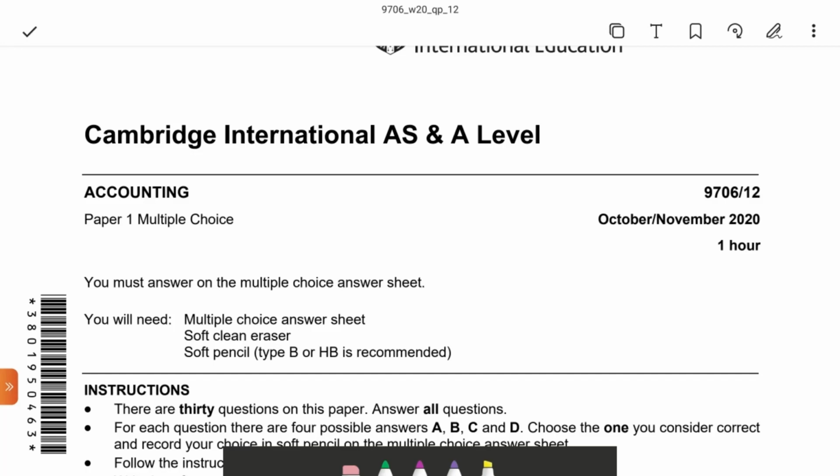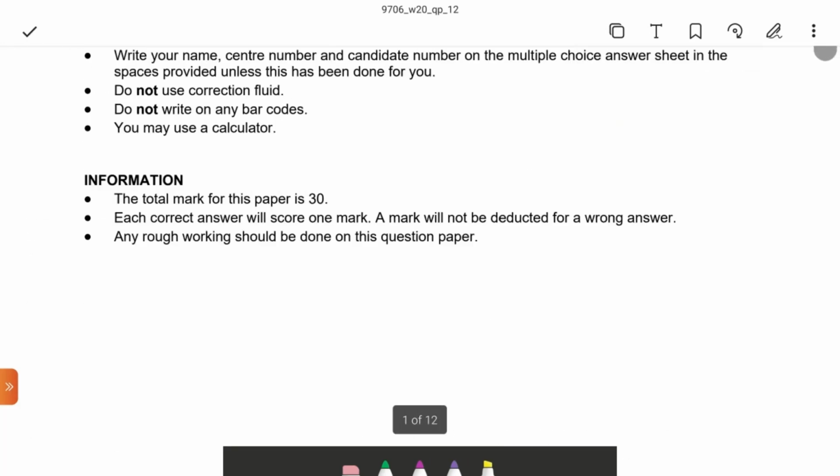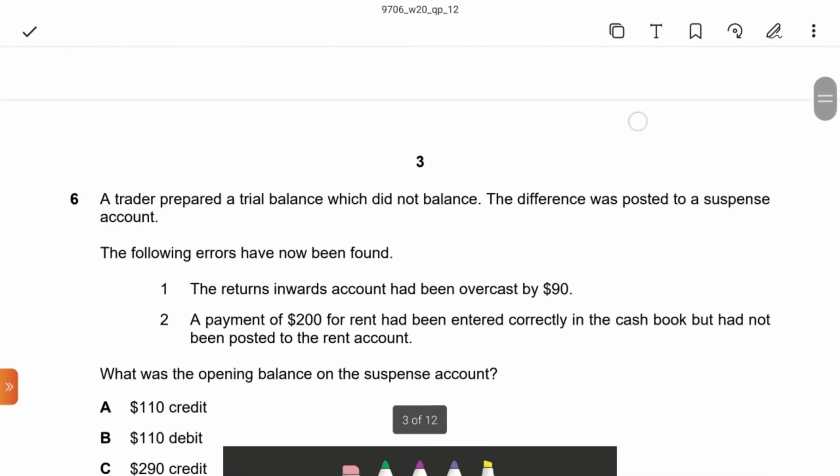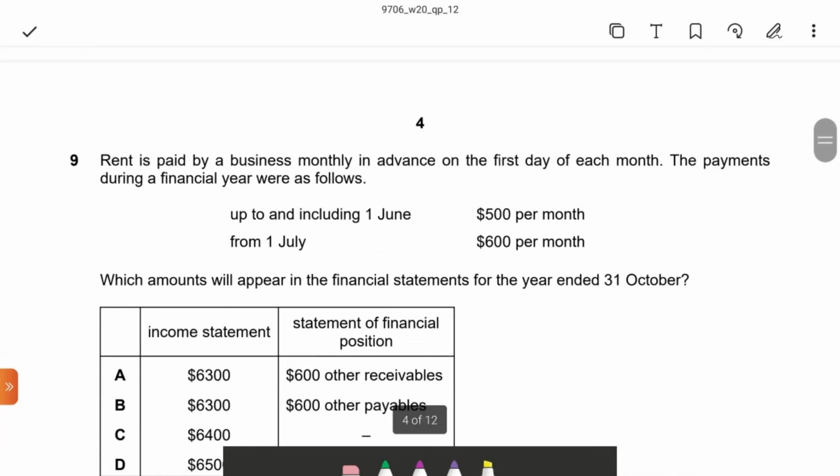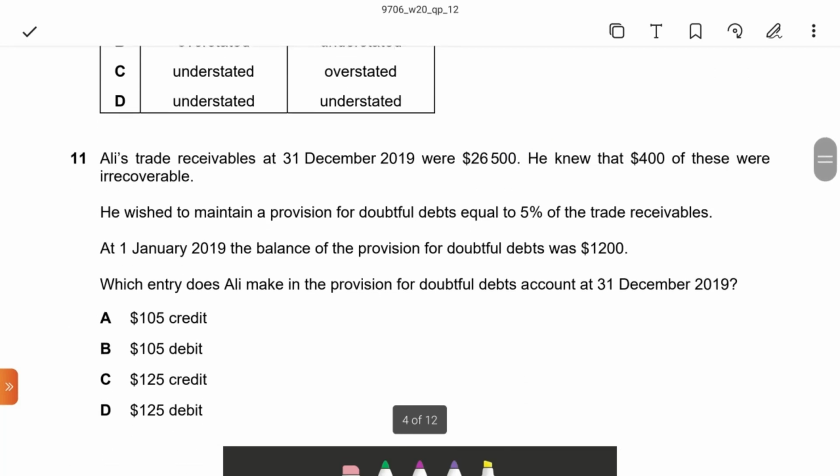AS level, winter 2020, paper 12, question number 11. Adil's trade receivables at 31st December 2019 were 26,500. He knew that $400 were irrecoverable, that is bad debt.